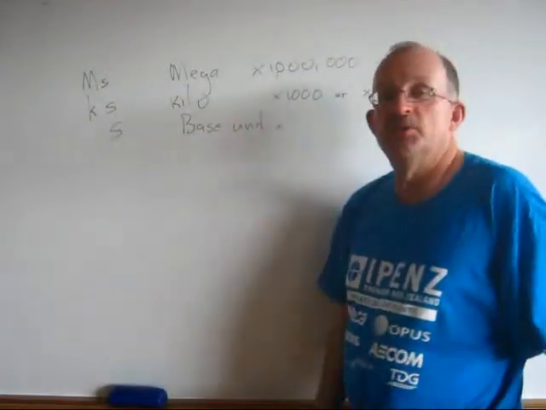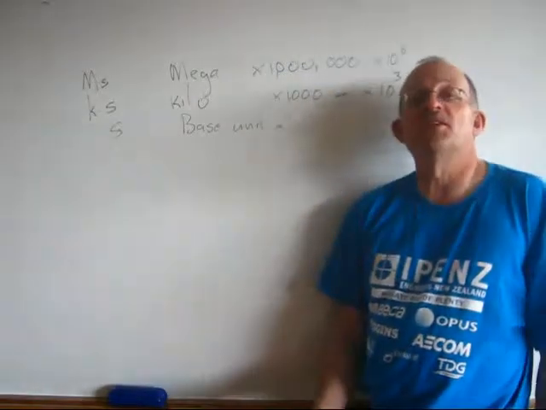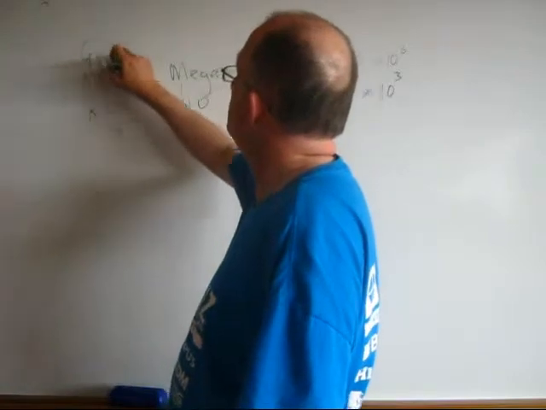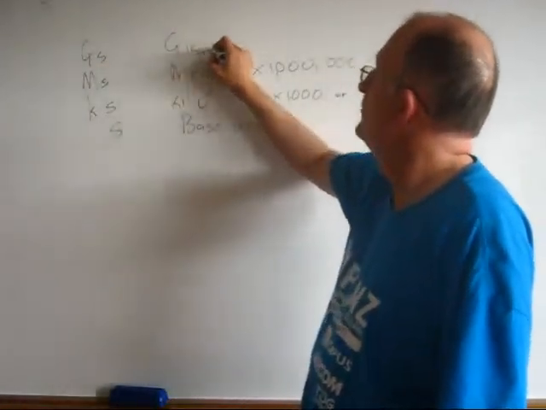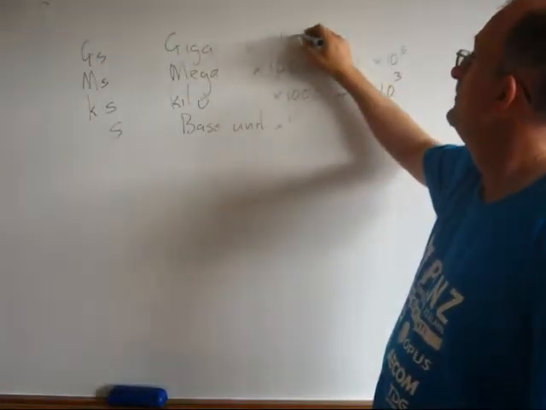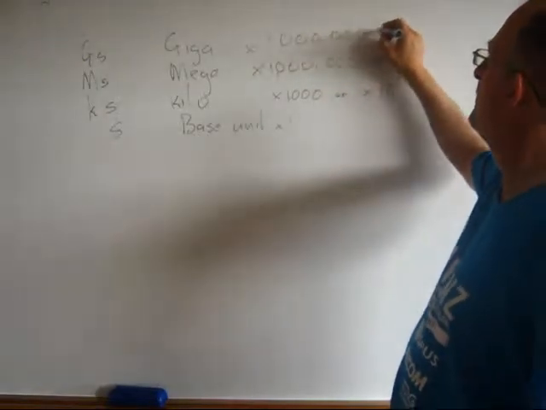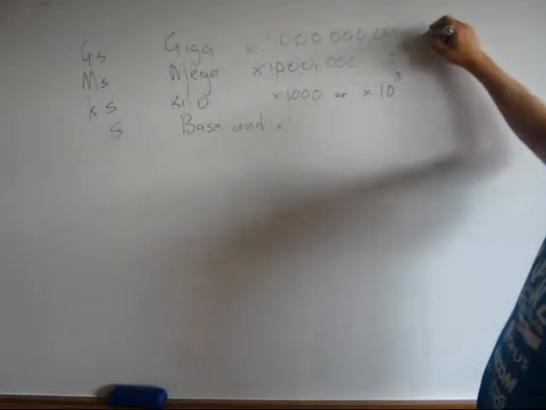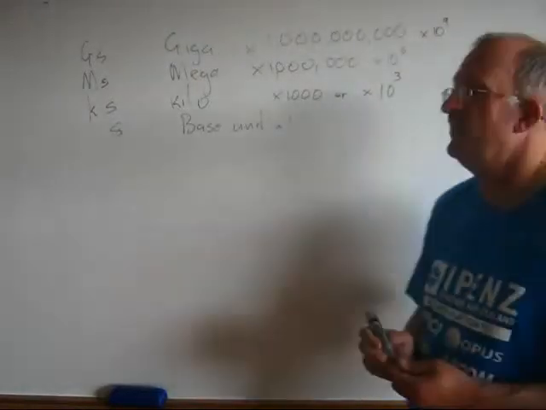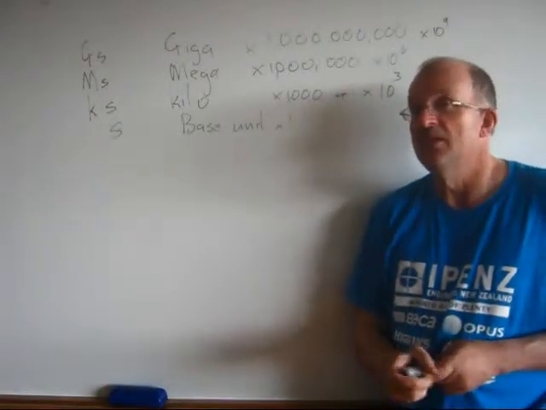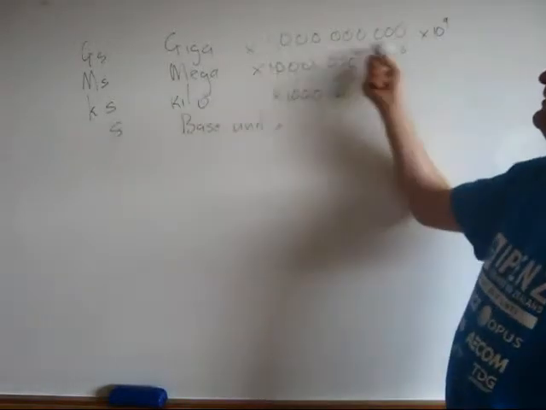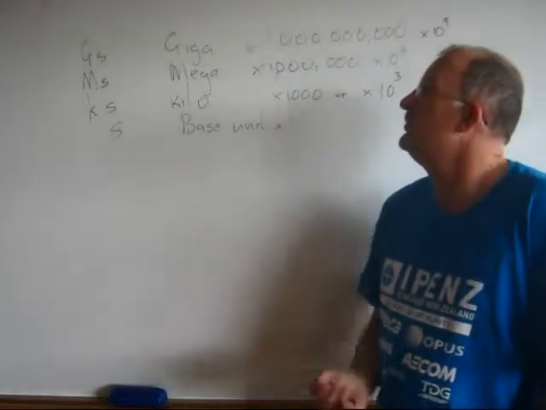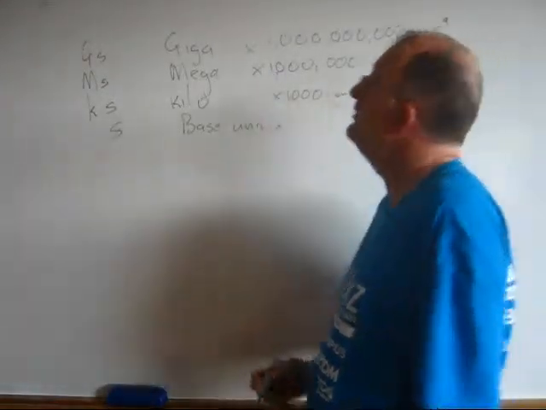Okay, so if you were talking computers, what's the next one above mega? Gave it away there, didn't I? Giga. So giga means times an American or a French billion, times 10 to the 9. So 1 gigasecond would have 1,000 million seconds. Next, if you're talking computers, the one above giga is tera.